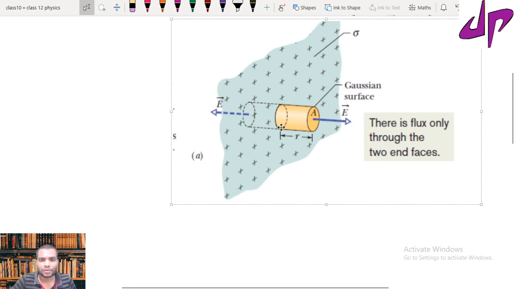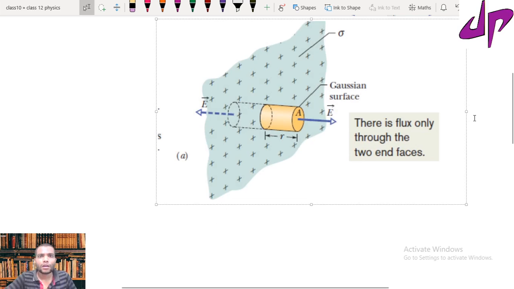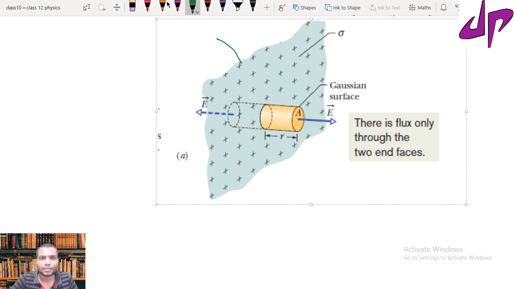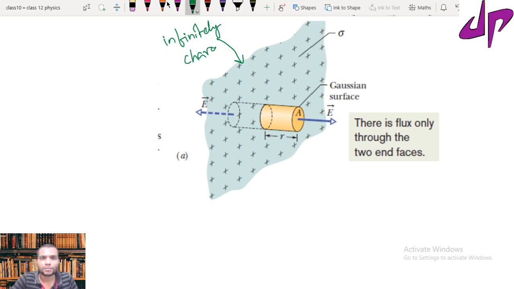Here you can clearly observe this is an infinite charged plane sheet, and our clever selection is the Gaussian surface. Closely observe: this Gaussian surface pierces the sheet, from one side to the other side.